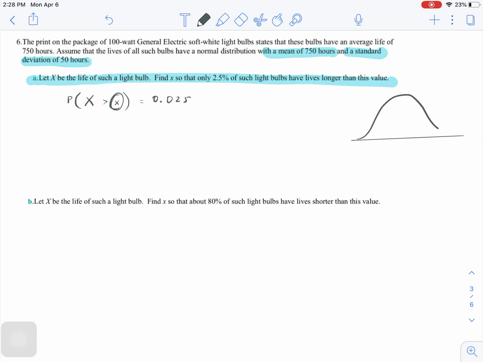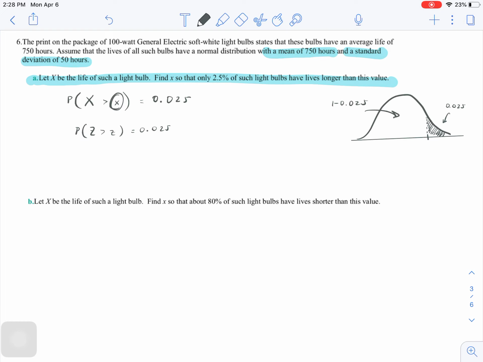So we know that the area to the right of our value is 0.025. And so if we want to find that z-score, an area to the right equal to 0.025 means that the area to the left is 1 minus 0.025.